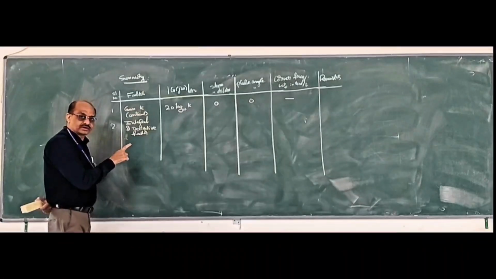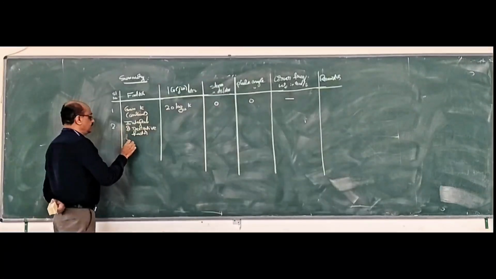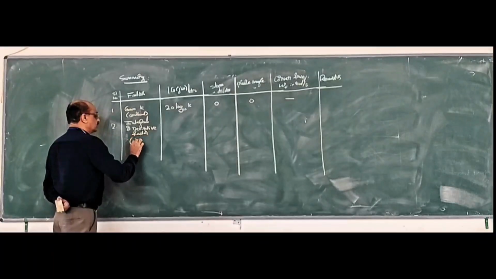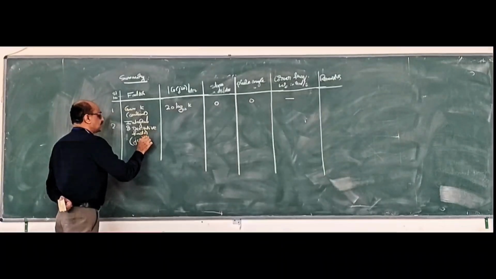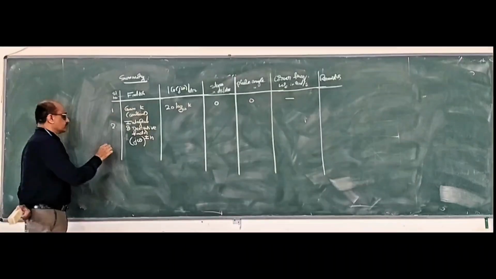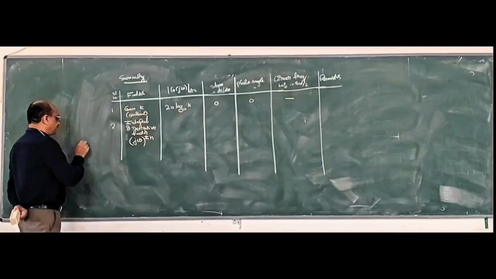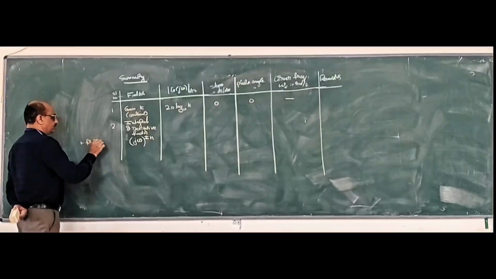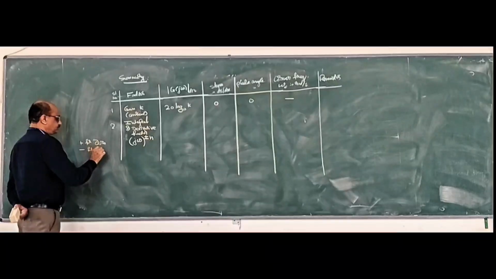This is in the form of j omega to the power of plus or minus n: plus for zero, minus for pole.